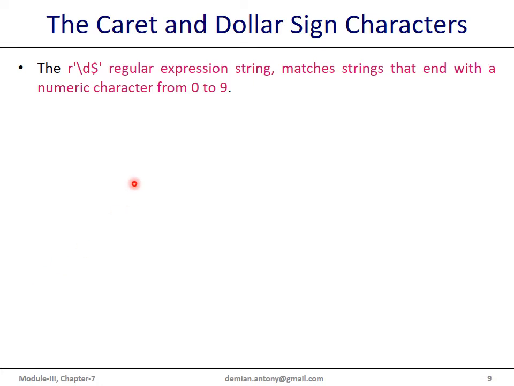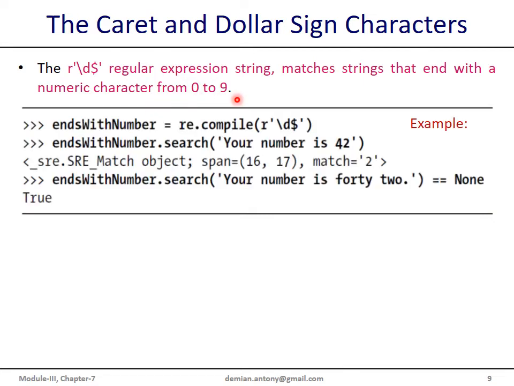Let us take up the example for the dollar sign character. The regular expression of this form will match all the strings that end with a numeric character between 0 to 9.